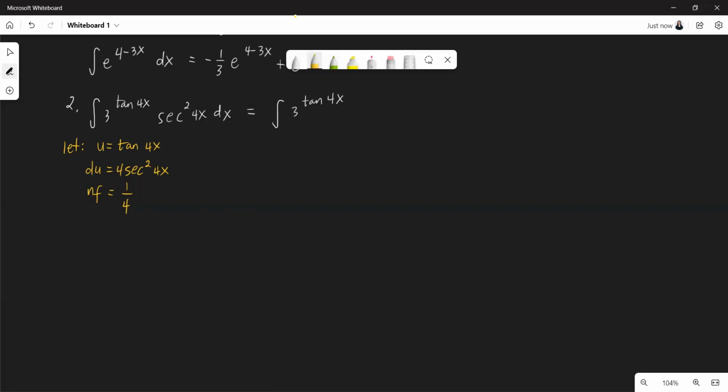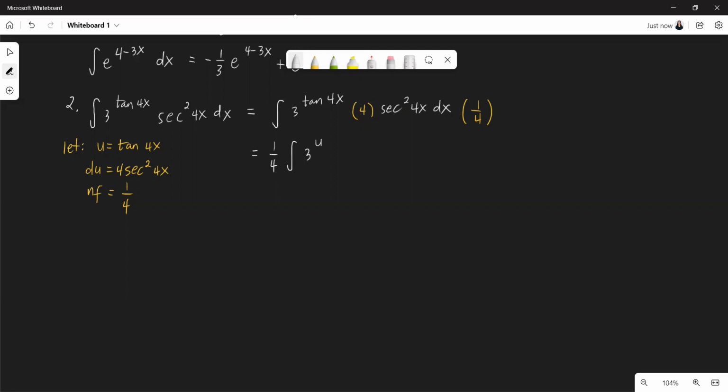Okay, so again, we need a 4 to have a complete du. So the neutralizing factor is 1/4. So 4 times 1/4 equals 1. So again, you put the constant outside and then proceed to transforming this to 3 raised to the power of u.